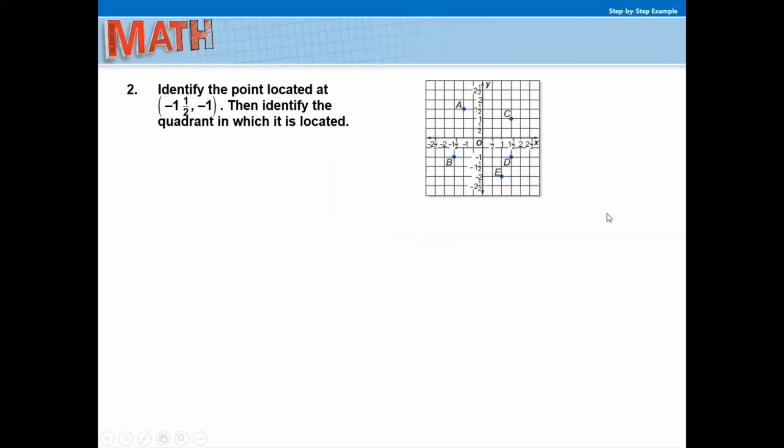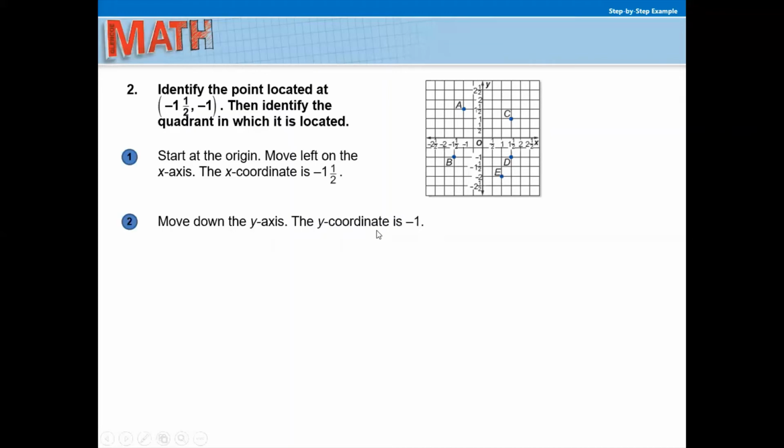Number 2, identify the point located at -1.5 and -1. We start at the origin, move left on the x-axis. The x-coordinate is -1.5. Move down the y-axis. The y-coordinate is -1.